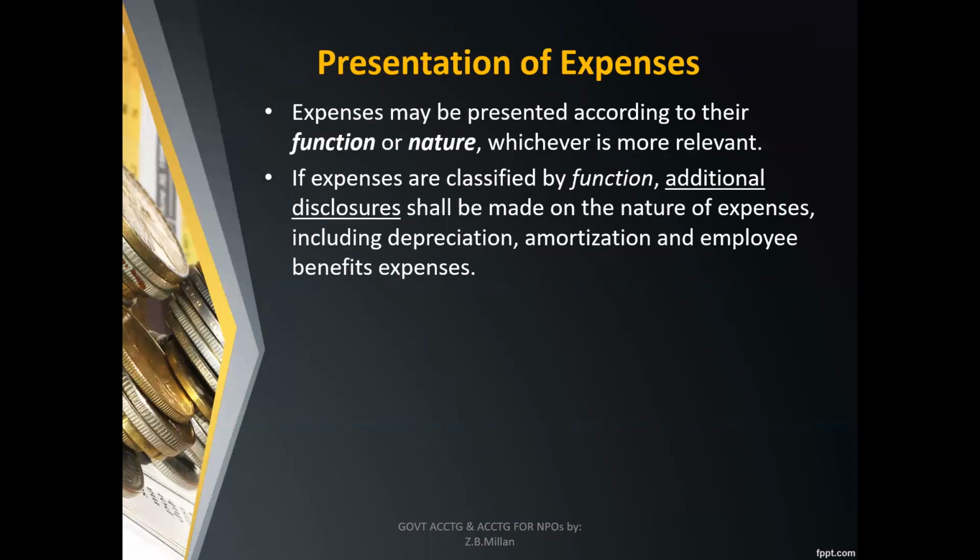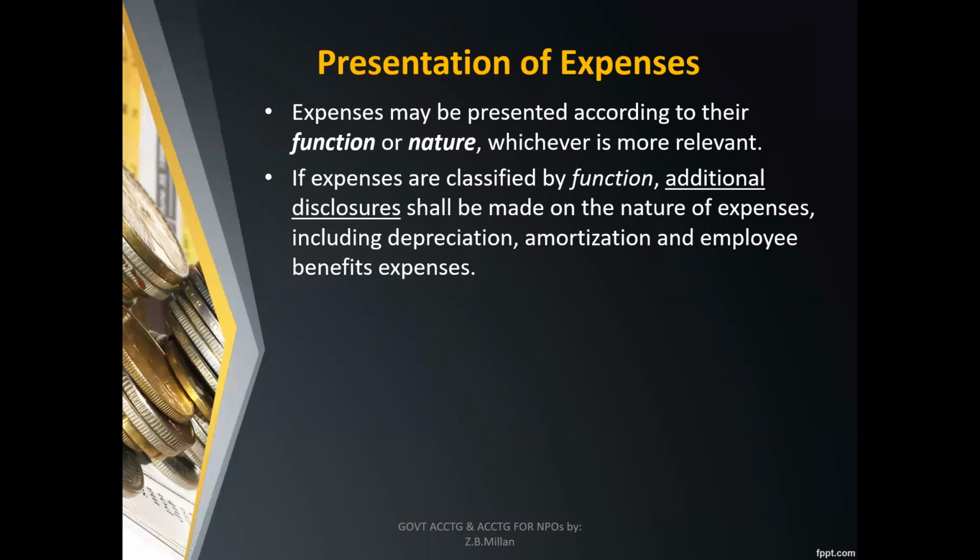As to presentation of expense, you can present it either based on the functional expense method or the nature of expense method, whichever is more relevant. If expenses are classified by function, additional disclosure shall be made on the nature of the expenses, including any depreciation, amortization, and employee benefit expenses.